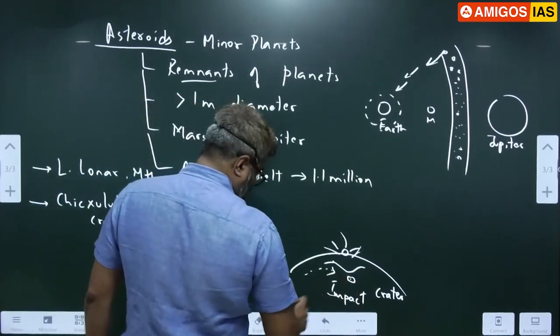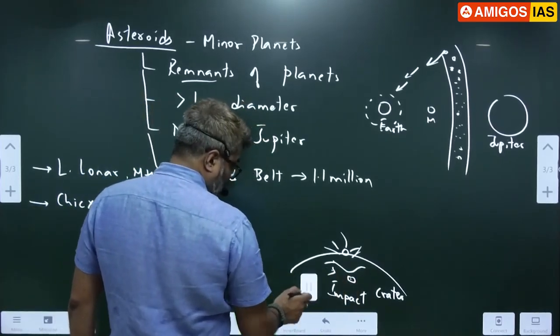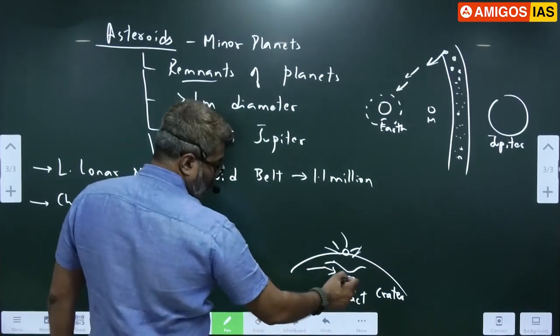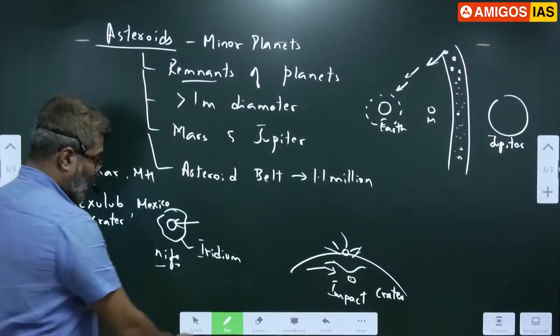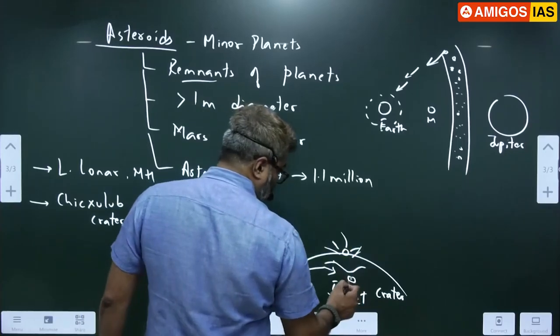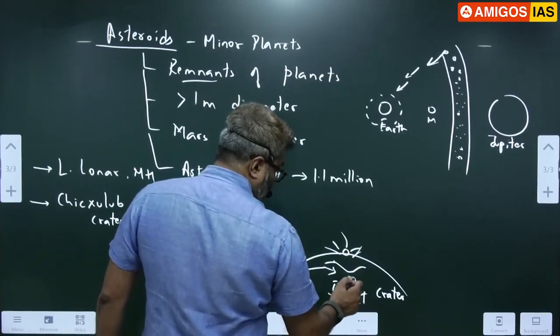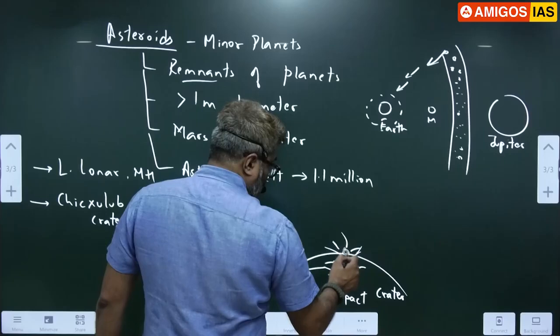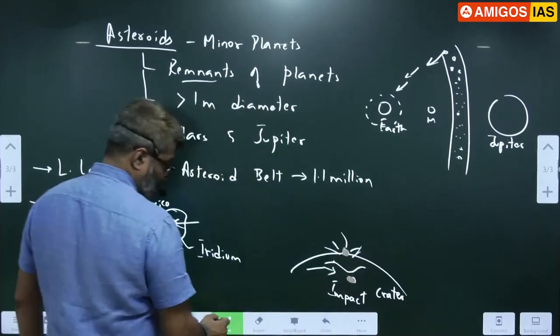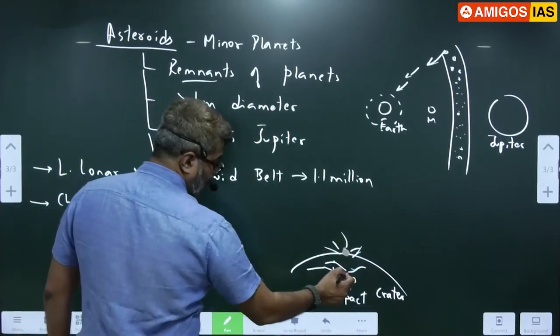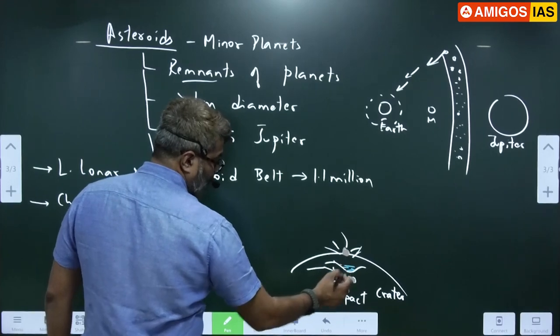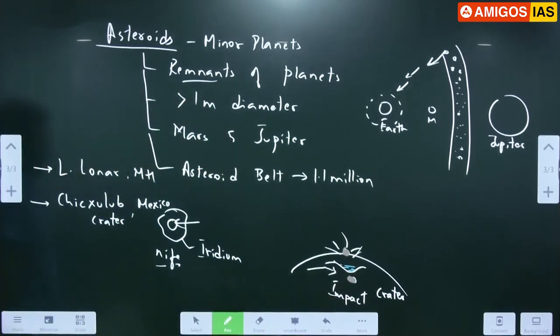Impact crater. So this is an asteroid. I'll change the color of the asteroid. This is a crater. Notice this crater has a lake now. An impact crater is the crater formed due to an asteroid impact.